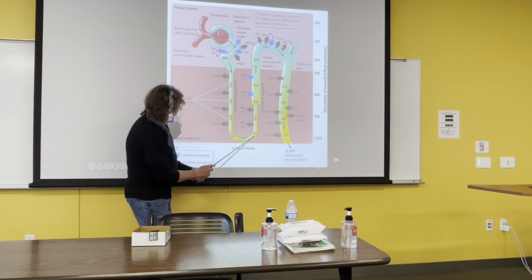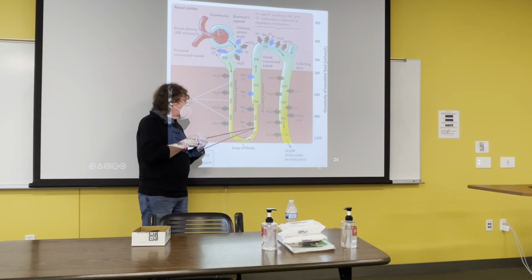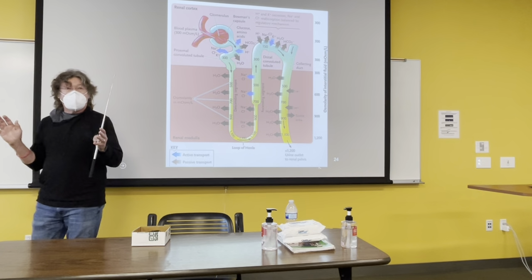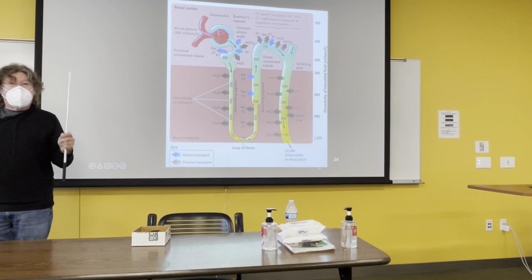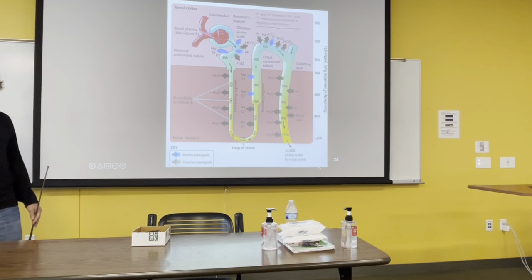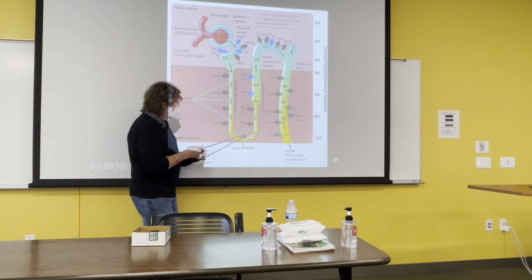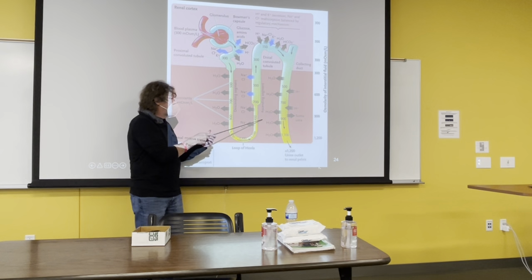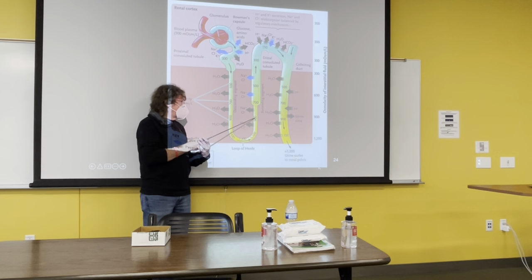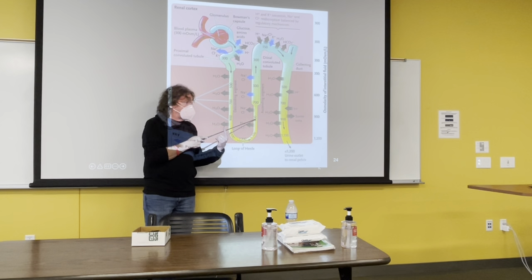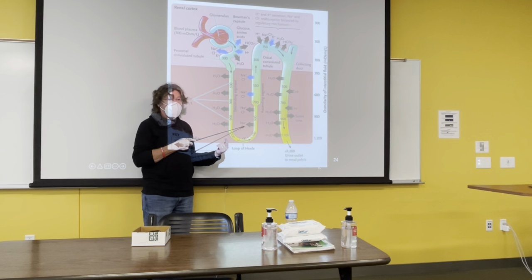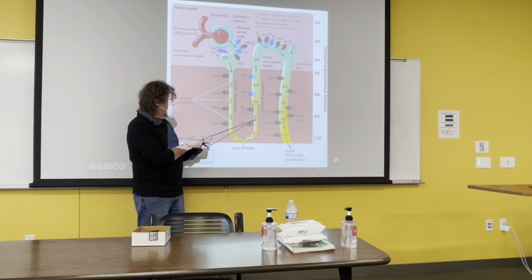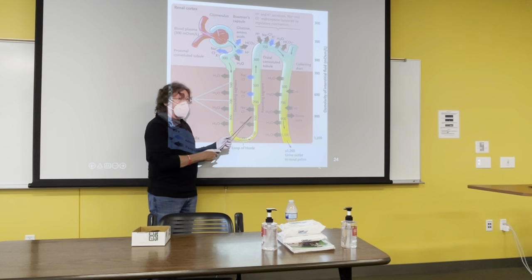Then as we go around the loop of Henle and back up, the membranes of these cells change. They have no aquaporins, so water cannot exit, but they have channels for sodium chloride. As this concentrated filtrate comes up into an area where the interstitial fluid has a lower concentration than the inside, and water can't move, it is the sodium chloride that comes out through the channels, down its concentration gradient, until equilibrium.